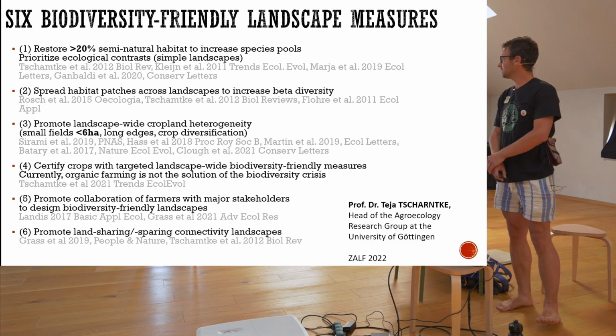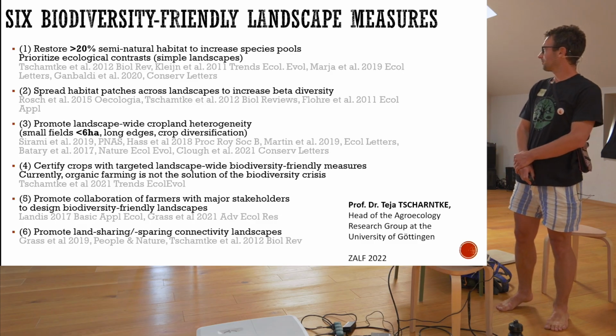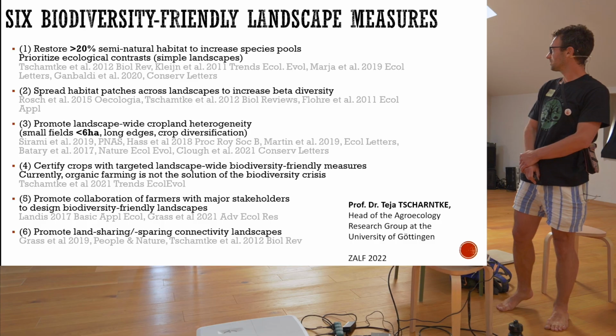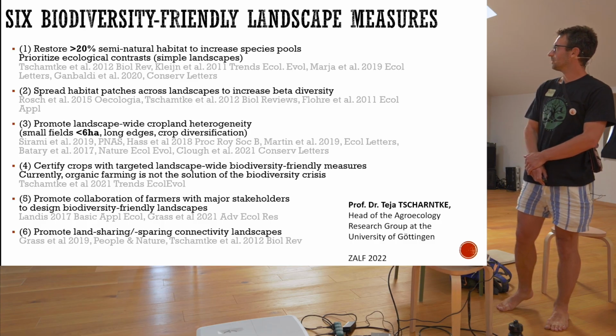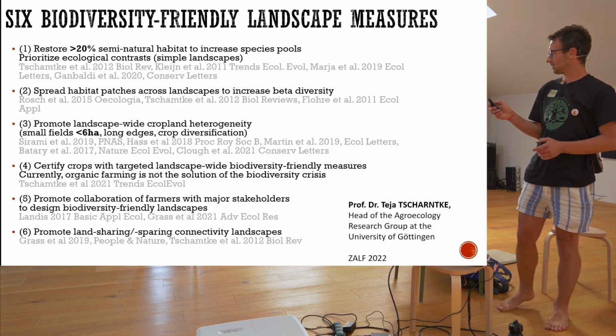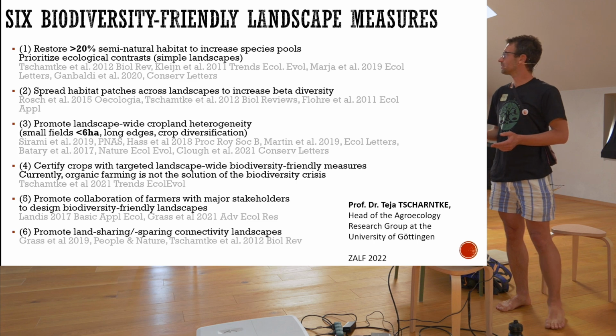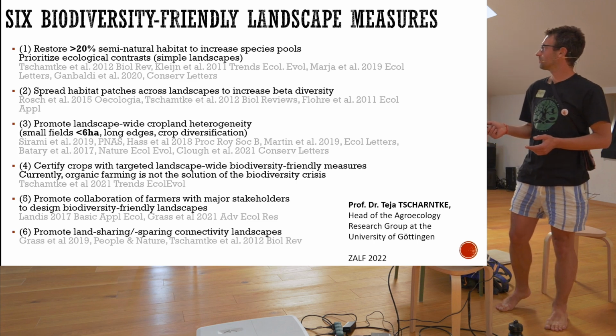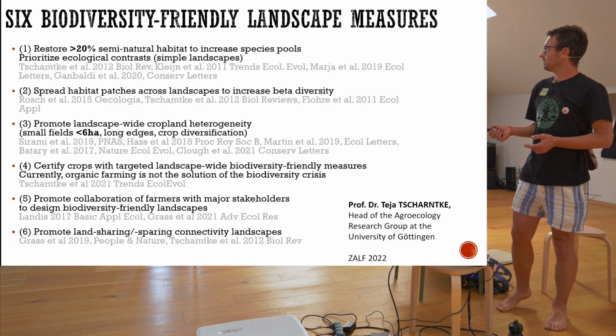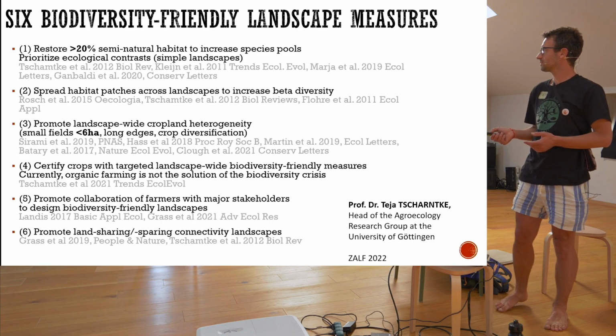This first slide I took from a famous biodiversity researcher from Germany, and the most important numbers here: to sustain biodiversity, we need more than 20% of semi-natural habitats. Then another important number: to promote heterogeneity, the size of the fields should be up to 6 hectares.